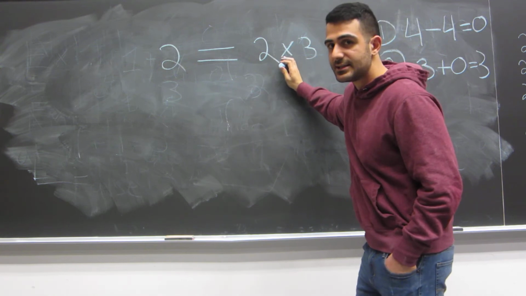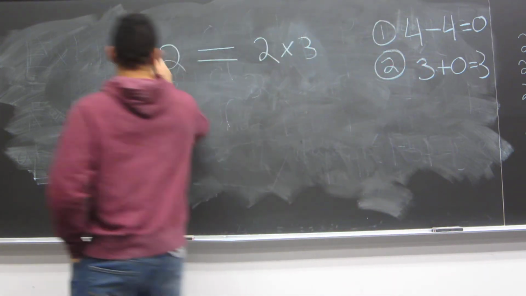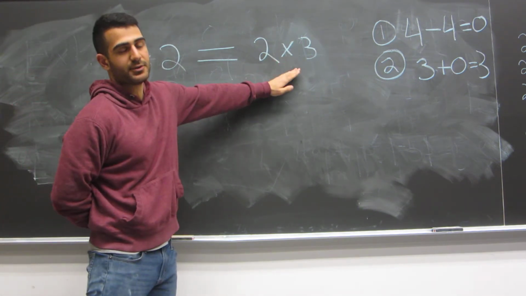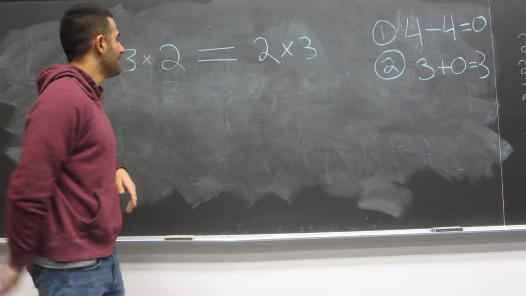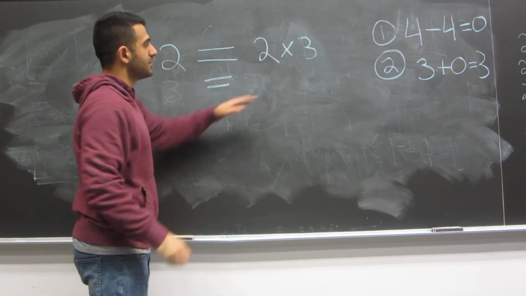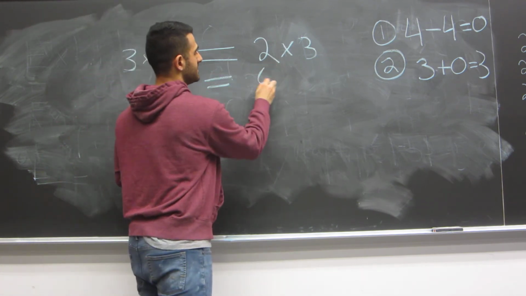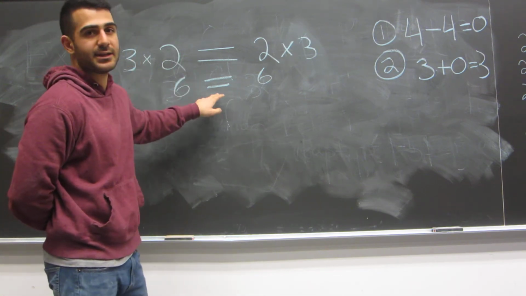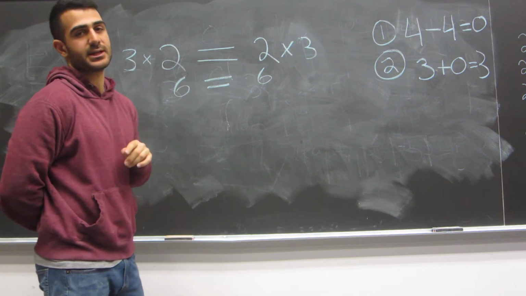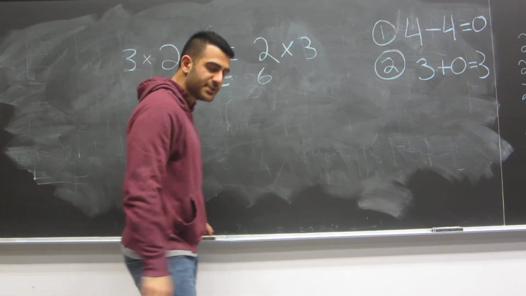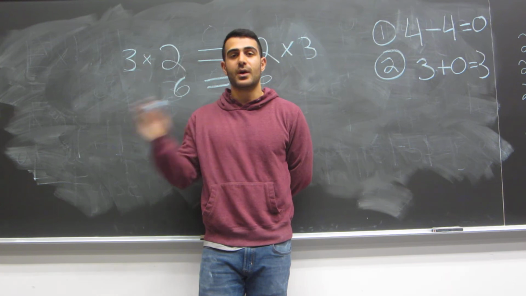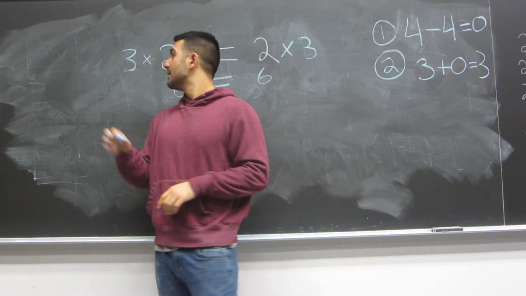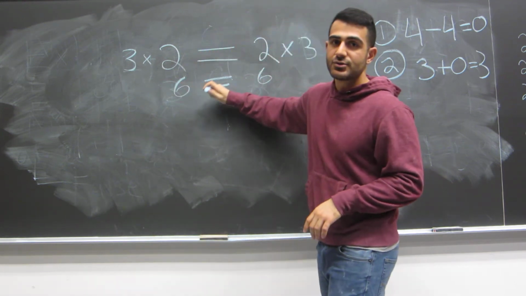I would have to multiply by 3 on the left-hand side too. Simplifying this, we see that 6 is equal to 6. So we've maintained equality. The golden rule, nail this in your head, is what you do to one side, you have to do to the other side, otherwise this will no longer be true.